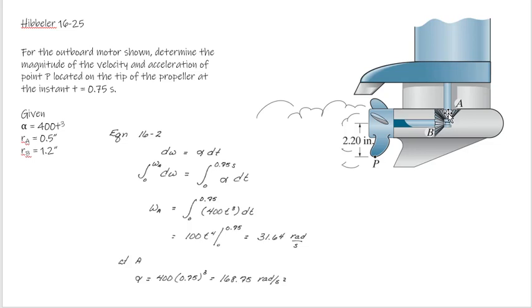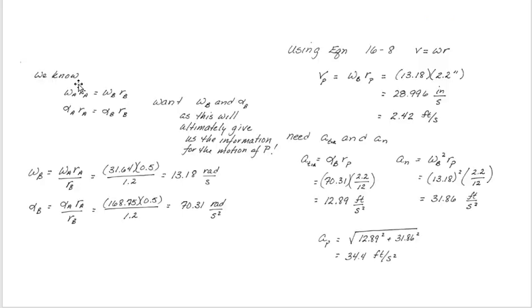We're going to have to relate that to the motion of B. One of the things is we have to know the angular velocity of B, and we have to know the angular acceleration of B, because this is ultimately going to give us the information that we need to find out the motion at point P.